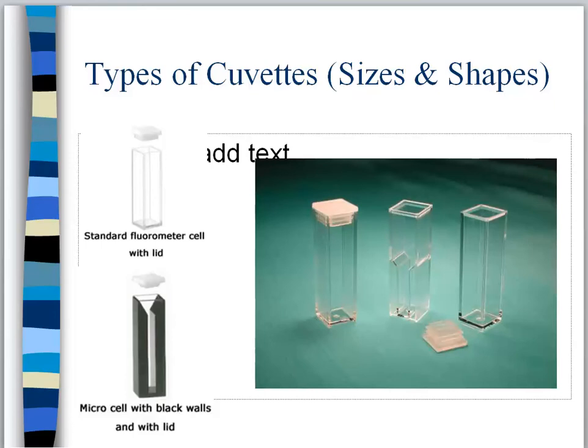We don't even use our lids, they're not needed. But they come in different sizes and shapes, and this one is meant to narrow down the bottom so you don't have to have as much sample to fill up. Some of these have ridged or cloudy areas on the side. Some of these are very narrow from top all the way up to the bottom.